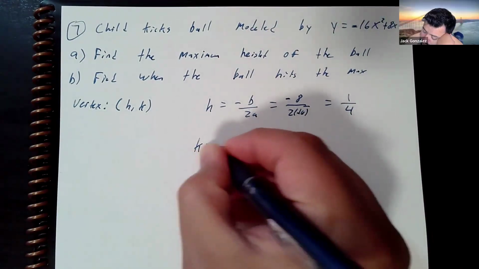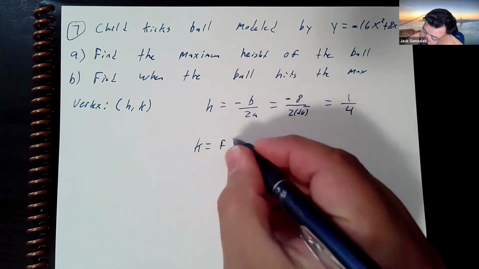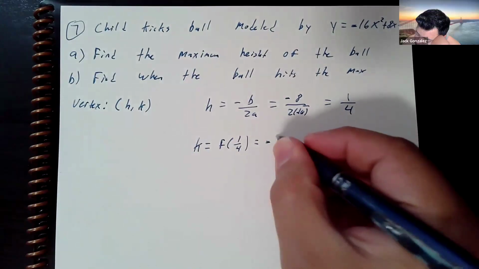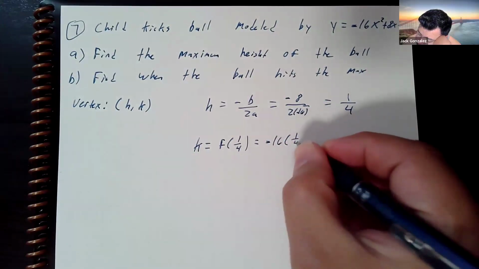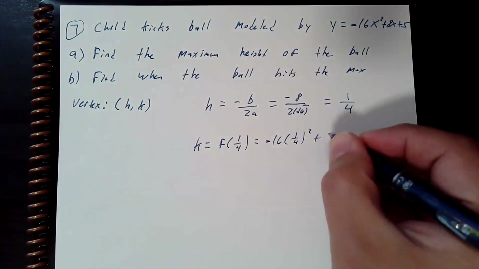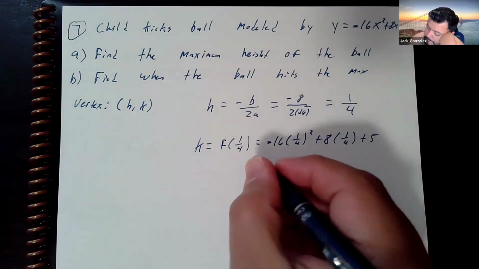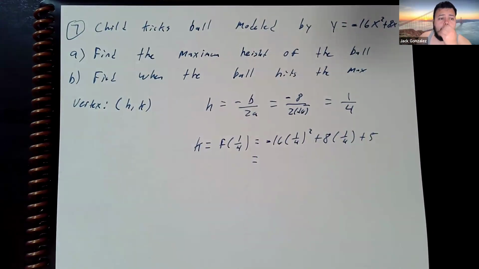K will be f of 1/4, which is equal to negative 16 times a fourth squared plus 8 times a fourth plus 5. Let me double check.